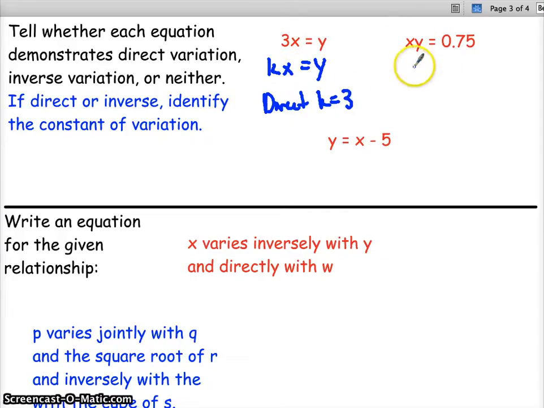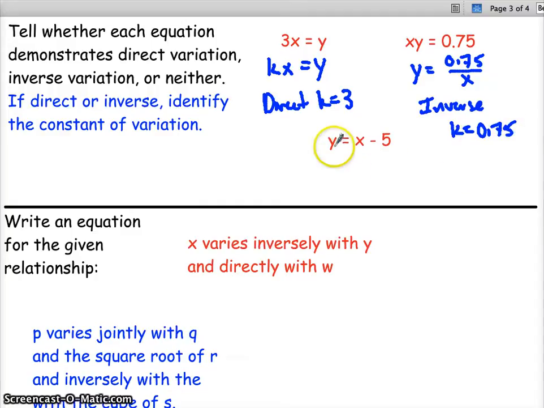Notice over here we're not solved for y. So a good idea would be, let's do that right away. But now you'll notice that x is in the denominator, which makes this an inverse equation with a constant of variation of 0.75. And this last equation, notice it's not just multiplication or not just division, it's actually subtraction. So that qualifies us as neither.